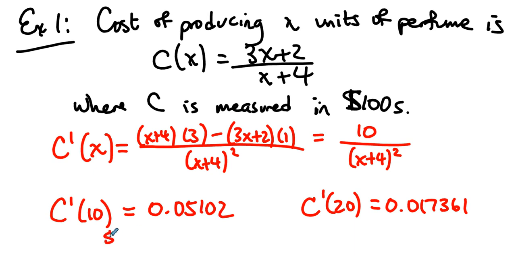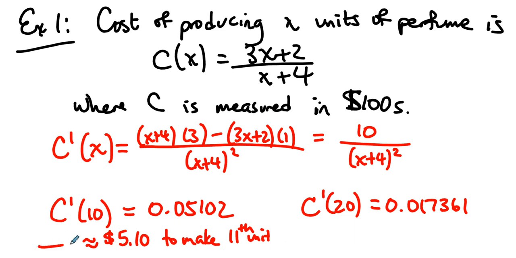So that means it would cost about $5.10 to make 11 units if we were already making 10. So sometimes we say this is the cost of making the 11th unit.